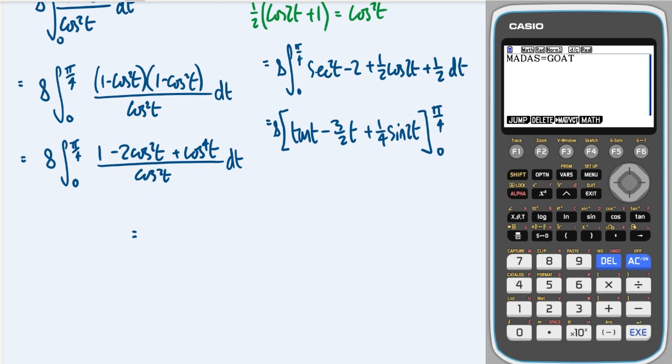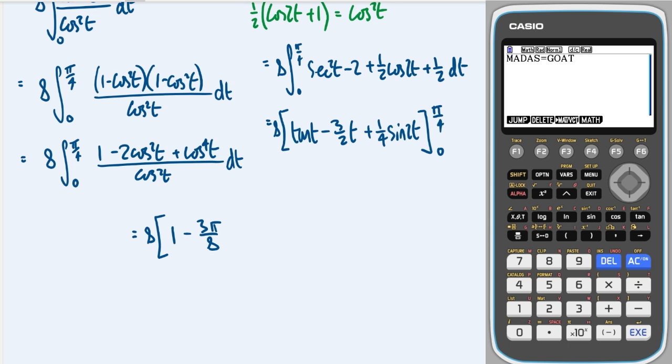Okay, let's sub in our limits. Pi over 4, tan of pi over 4 is 1. Minus 3 over 2 times pi over 4 is minus 3 pi over 8. And pi over 4 doubled is pi over 2.